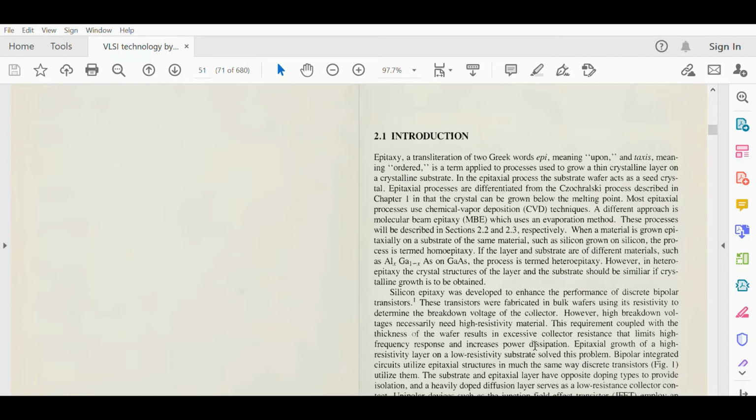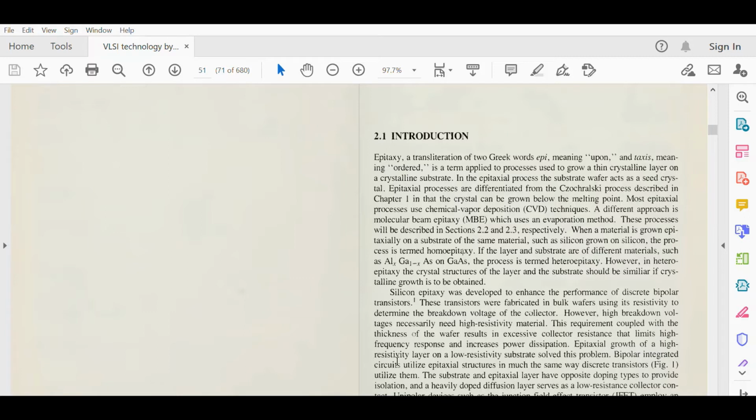Obviously, if you are increasing the resistivity, more power will be dissipated. Epitaxial growth of a high resistivity layer on a low resistivity substrate solved this problem. So how have scientists solved this problem? By growing the high resistivity layer on a low resistivity substrate.